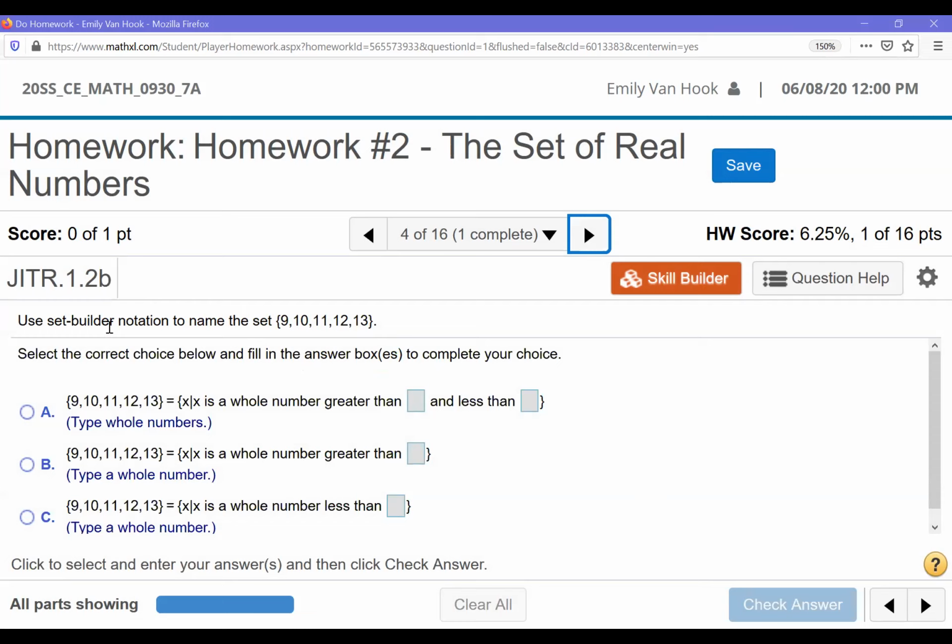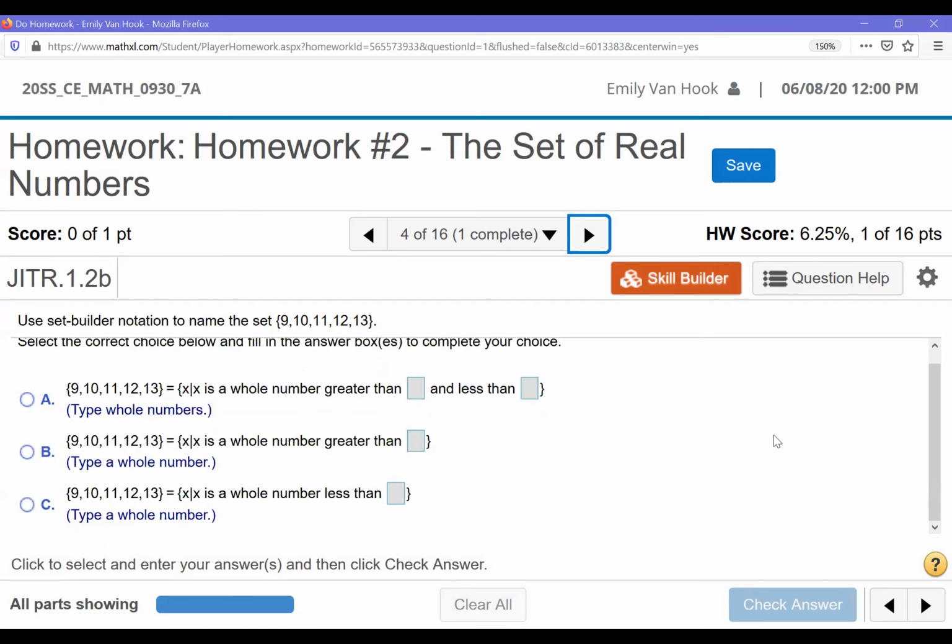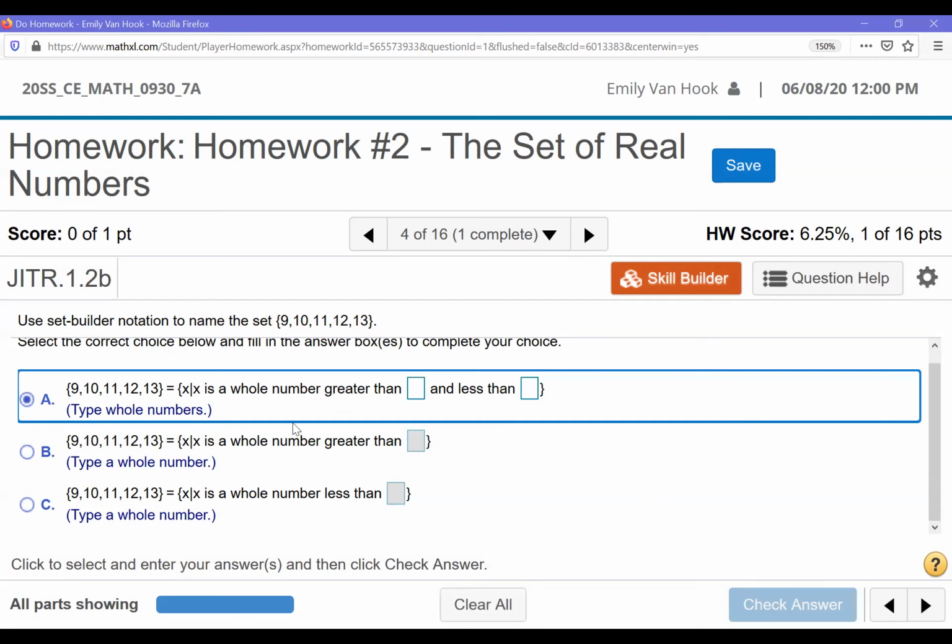Okay, set builder notation to name the set 9, 10, 11, 12, 13. Okay, here we have some multiple choices. Let's see. They all involve whole numbers. Yep, these are whole numbers. They're also natural numbers. That's fine. Let's see. I think I need to choose choice A because it's not just greater than something and it's not just less than something.